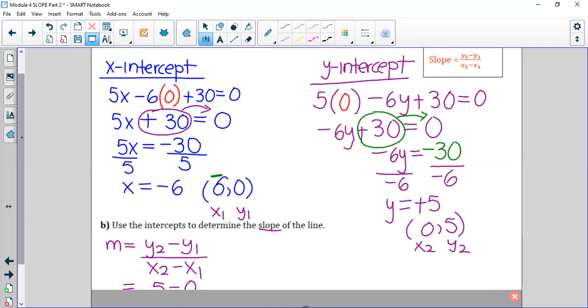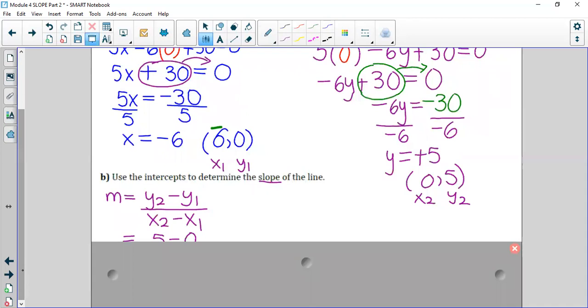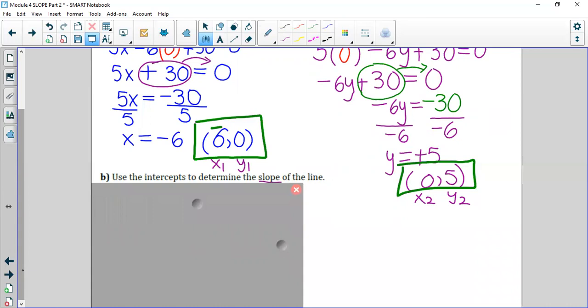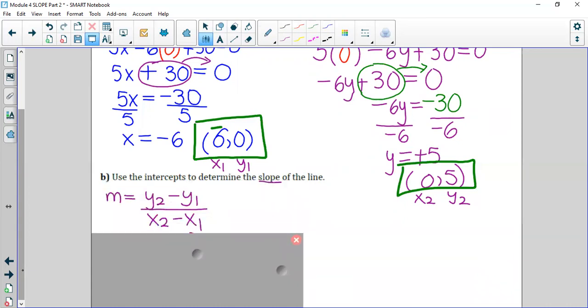Okay, I want you to try on your own to use this point, negative 6, 0, and this point, the y-intercept, 0, 5. And I want you to figure out the slope of the line using the y2 minus y1 over x2 minus x1. So can you work with the person next to you and try to figure out the slope of the line?